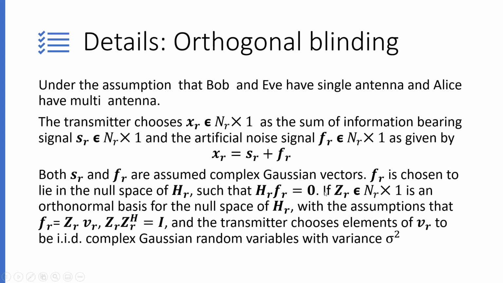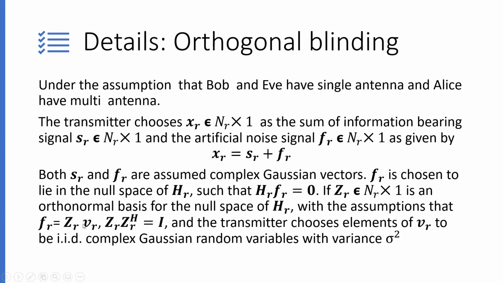And how are we designing FR? FR is actually designed based on ZR, which is an orthonormal basis for the null space. So we extract ZR, the orthonormal basis of the channel, and we use it to design FR.